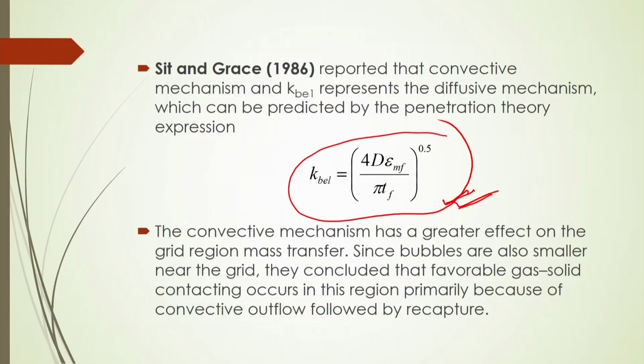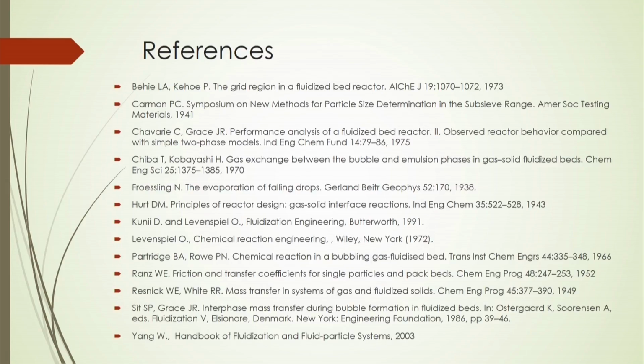Since the bubbles are smaller near the grid, they concluded that favorable gas-solid contacting occurs in this region primarily because of convective outflow followed by recapture.